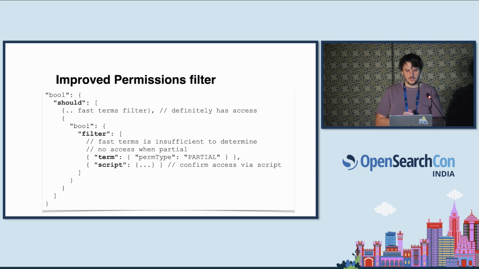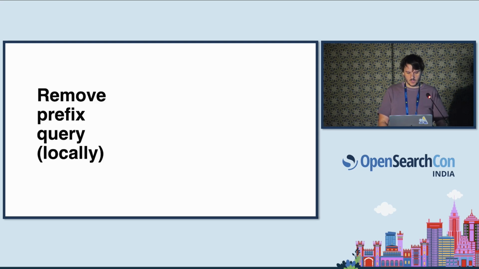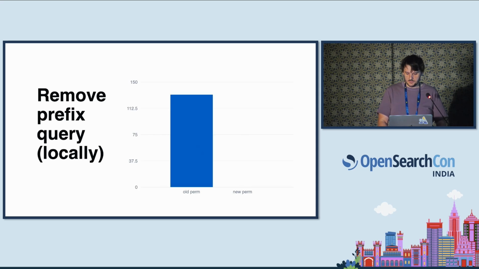So we changed away from using the prefix query to essentially identifying situations where we definitely need to fall back to this script and marking them ahead of time. When we did this locally, we saw about a 7% increase in performance. However, when we did this against production, we saw a 19% improvement.